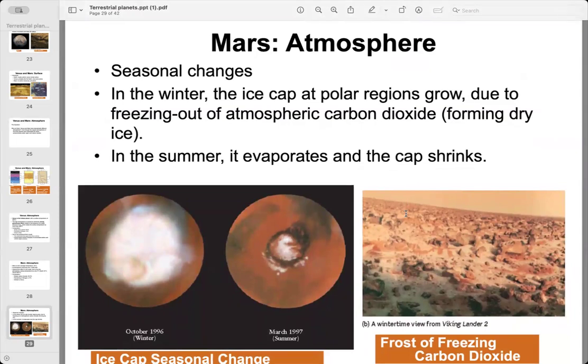All right, so here is the ice house effect. Usually the atmosphere traps the heat and keeps the planet warm. But what happens on Mars is that in the winter it gets so cold that the carbon dioxide in the air freezes and forms dry ice.